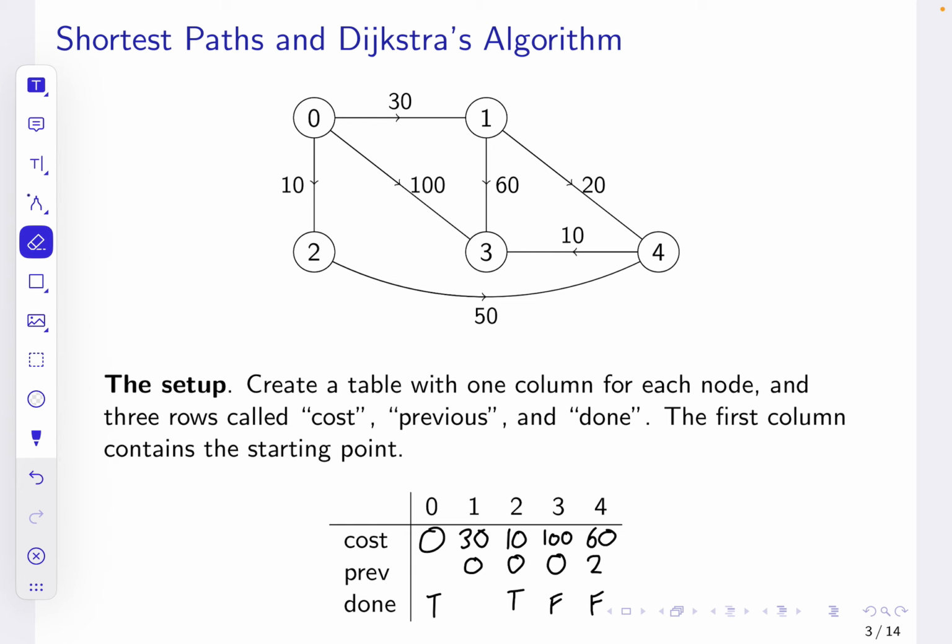We're going to mark 1 as done. Check all the outgoing edges from 1 and update nodes' data accordingly. So to 3, we have 30 and 60, a weight of 90. This is less than 100, so we're going to update that.